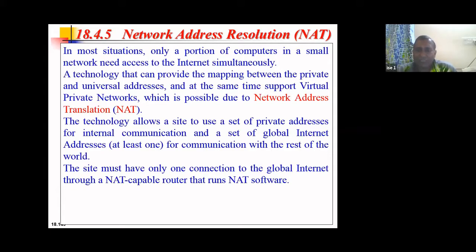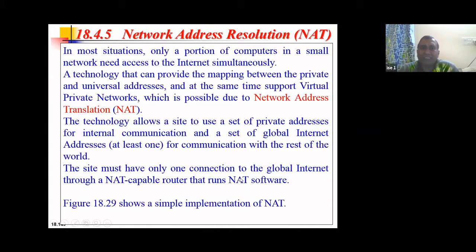These local addresses are used for internal communications, but when this organization wants to communicate with the internet, there will be a global address. This will be done through NAT software, network address translation software.